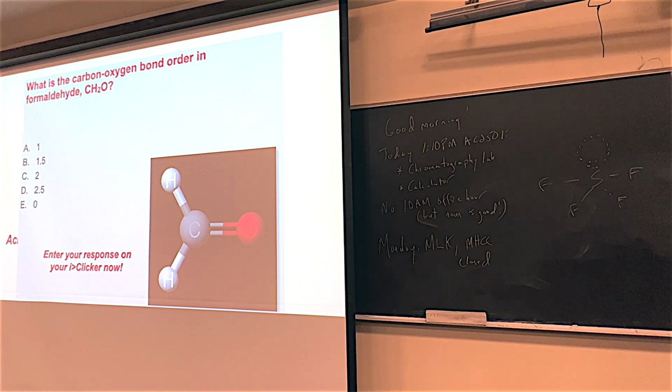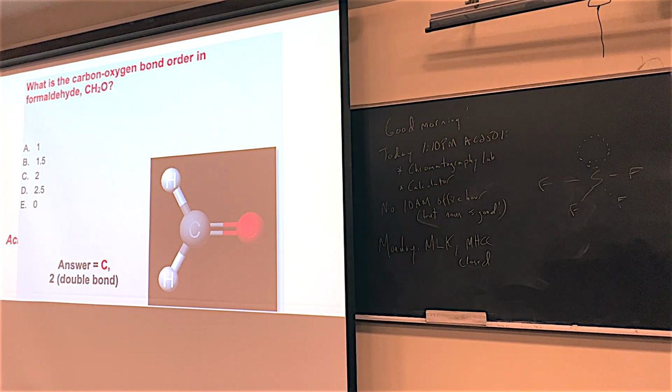It says, what's the carbon-oxygen bond order in formaldehyde? Now, this is what the molecule looks like from a molecular geometry. There's actually 2 lone pairs right there, but it doesn't really affect us. So to figure out what the carbon-oxygen bond is, you look for the number of lines between the carbon and oxygen. How many lines between the carbon and oxygen? 2, right on. So you'd say the bond order was 2 for the carbon-oxygen here.